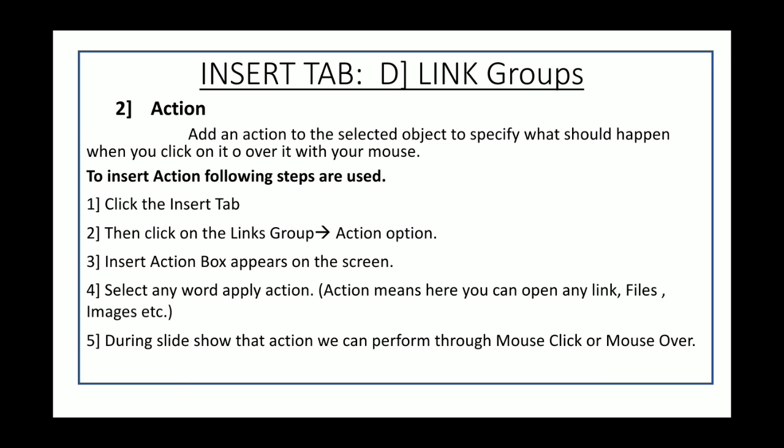While explaining any presentation, if you move the mouse pointer on that word, automatically that action will take place, like opening any file, linking any web page or any images. That action you can set here, using mouse click or mouse over. This option is there in the links group, action, of the insert tab.